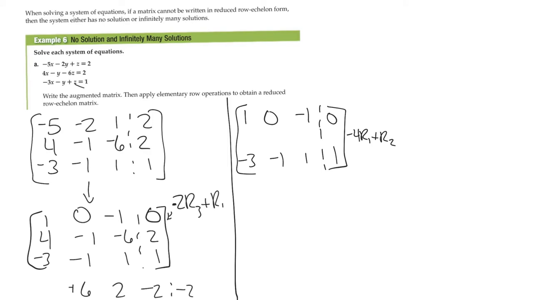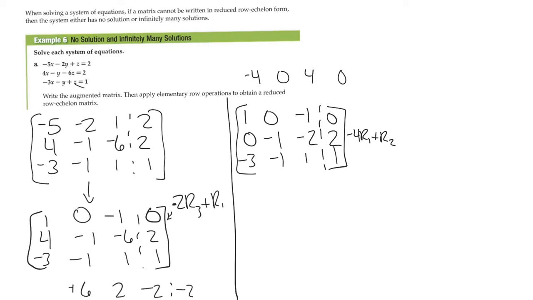But now I get -4 row 1. That gives me -4, 0, 4, and 0. So that's a nice easy one. 2 of them don't change. When we add it to our row 2, that gives us a 0, -1, -2, and 2.